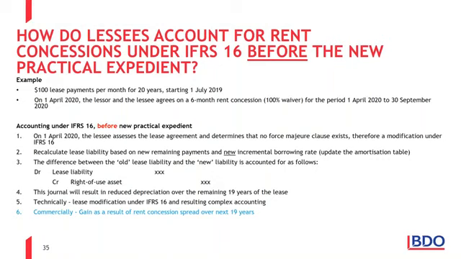The gain as a result of this rent concession is actually spread over the next 19 years. So you've got the 6-month waiver, and you have the cash flow savings, so that's good because cash is king. However, the accounting gain will be spread over the remaining 19 years.